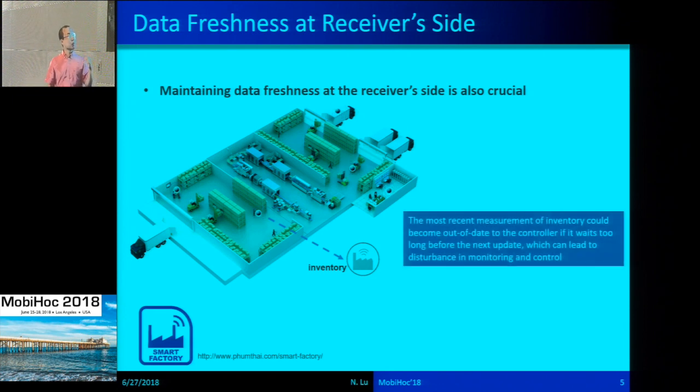The most recent measurement of the inventory could become out of date to the controller if the controller waits too long before the next update, which can lead to disturbance in the monitoring and control. So the measurements are expected to be updated at the central controller regularly or timely. This means maintaining data freshness at the receiver side is also crucial.